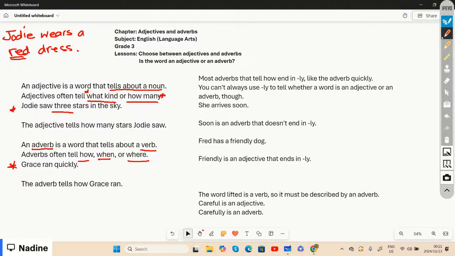So now the question is, what is the adverb? Firstly, the word ran is there. Ran is our verb. Now we need to ask ourselves how Grace ran, and we can say quickly. So quickly tells us how Grace ran.